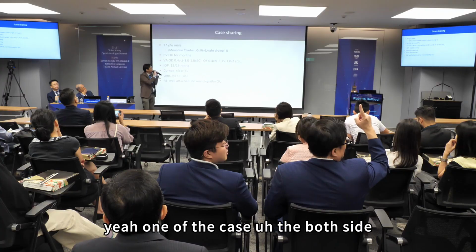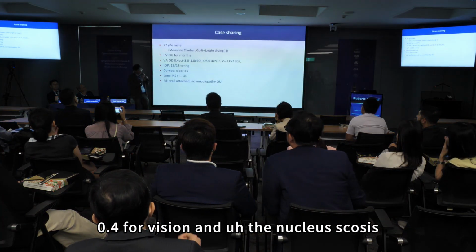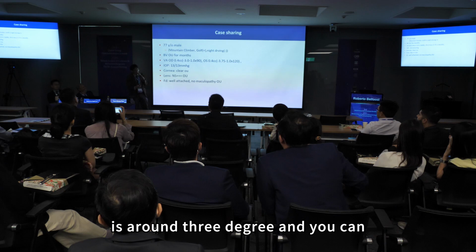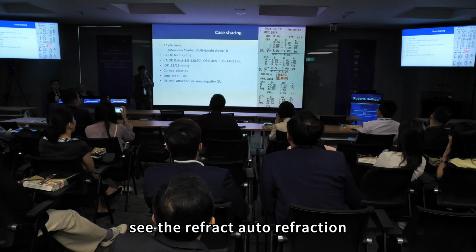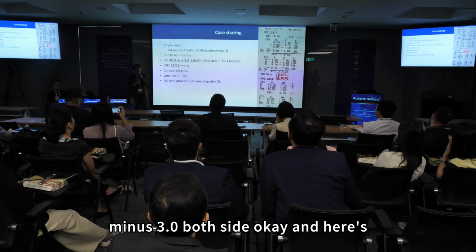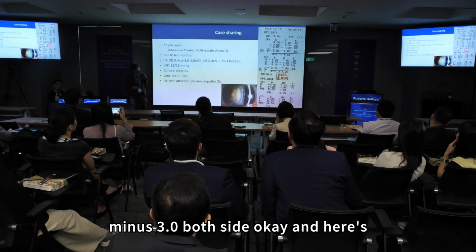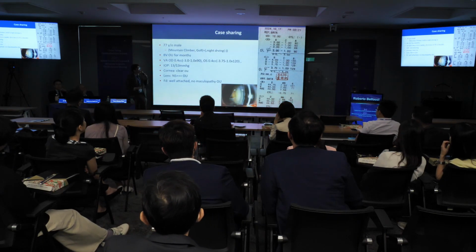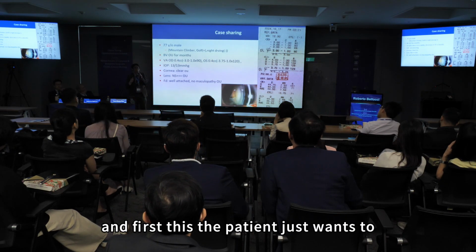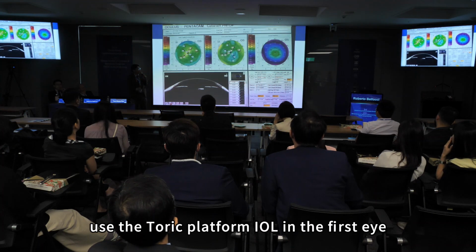One of the cases: both sides 0.4 vision, and the nucleus sclerosis is around grade 3, and you can see the autorefraction, minus 3.0, both sides. Okay, and here is the lens degree. First, this patient just wanted a toric platform IOL in the first eye.